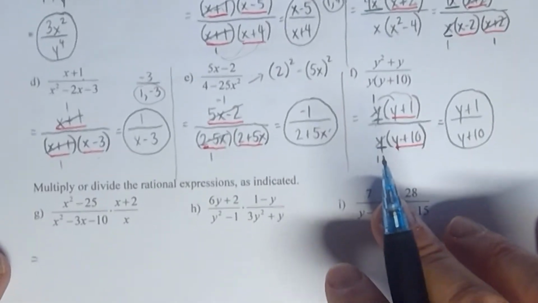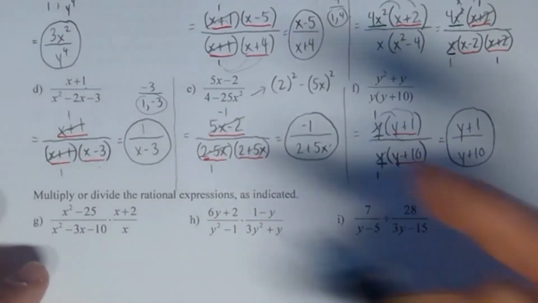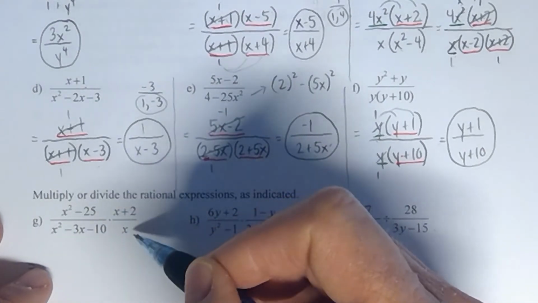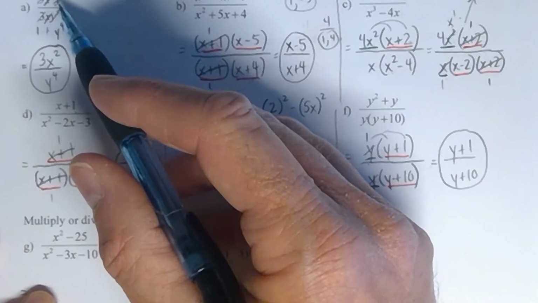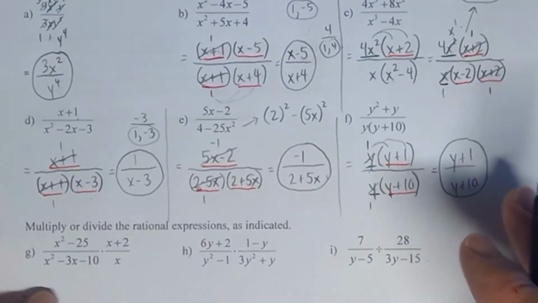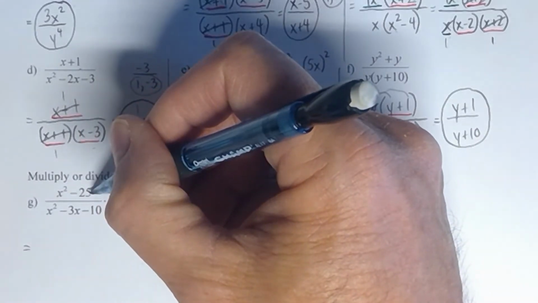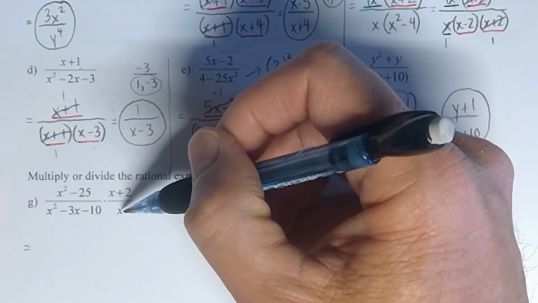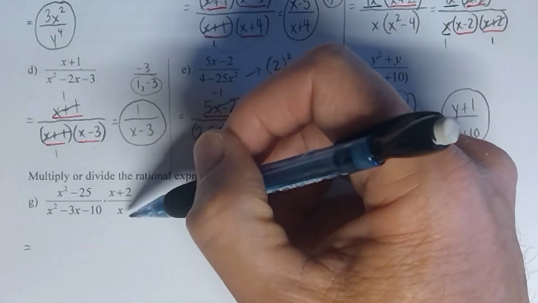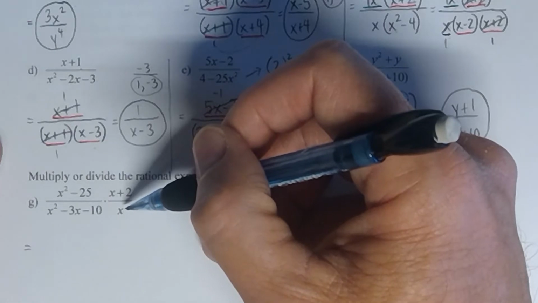When you multiply fractions, assuming you don't have single terms in all 4 of these spots, which we don't, you wouldn't have to factor, just like in this problem up here, we didn't have to factor the single terms. We factor everything because there's more than one term in all of these except for this one. Remember, you don't have to factor a single term, so we can just leave this one alone until the end when we multiply stuff.